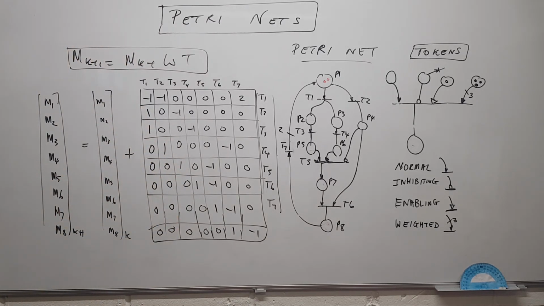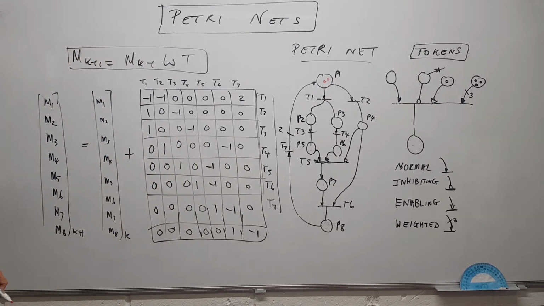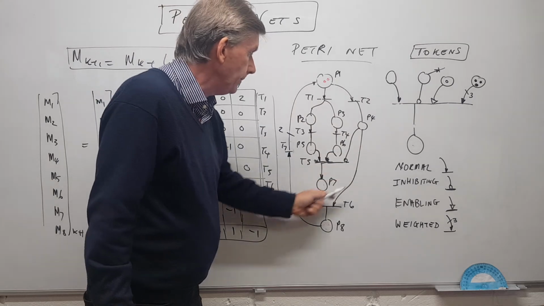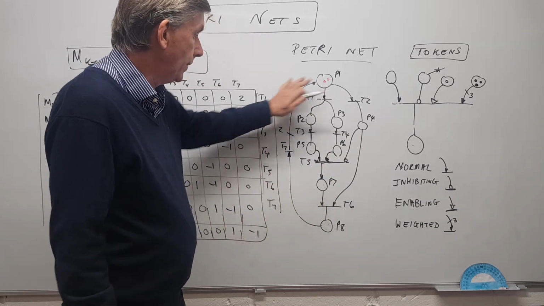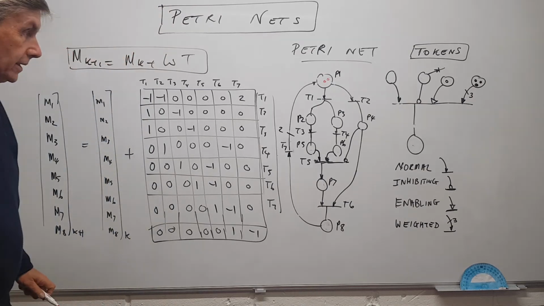So what we're going to be doing in the last bit of the course is, this is like the basic Petri net. We can use this equation now to design what's called a supervisor, which is some trick whereby we can add something to this Petri net to stop it going into bad states or bad markings.